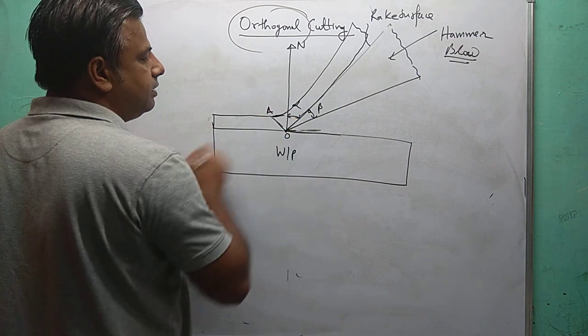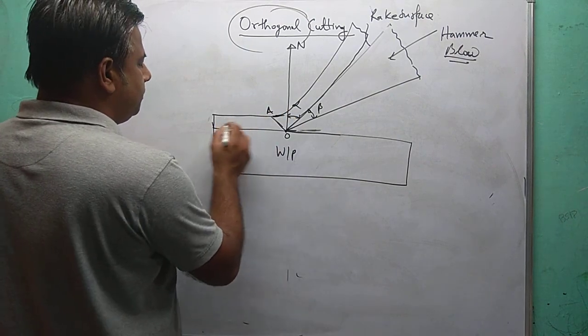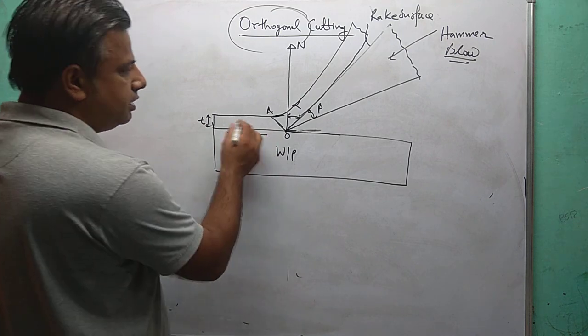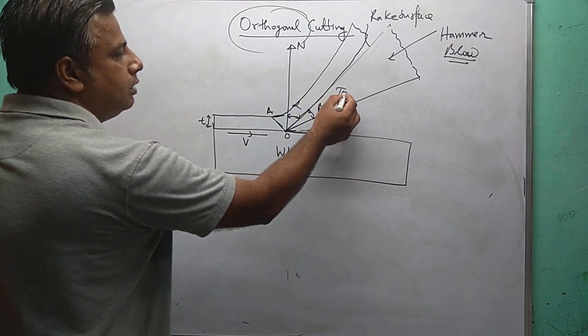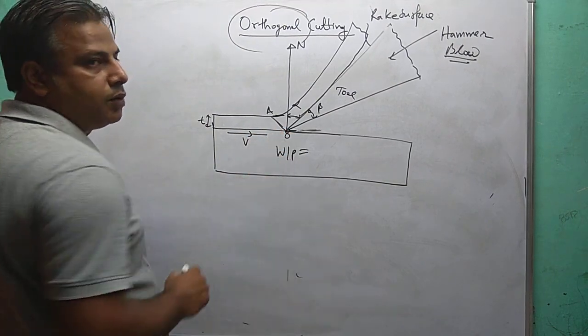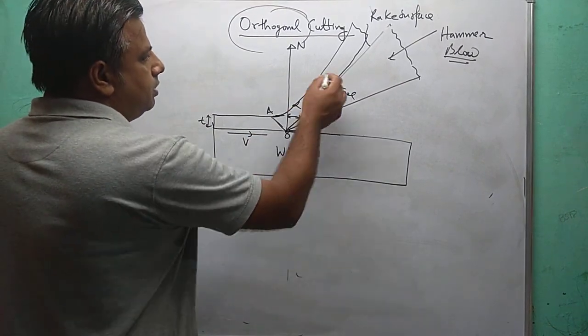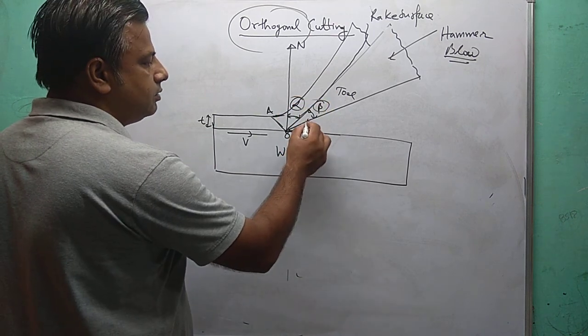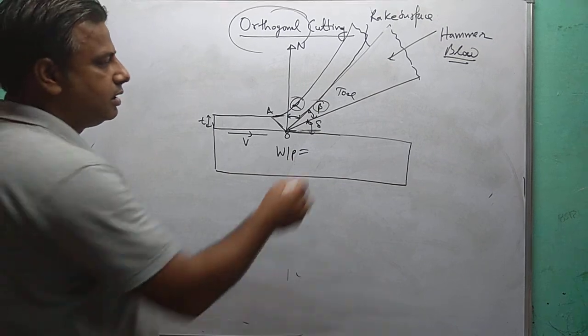OA is my shear plane. This is the uncut chip thickness in 2D representation. This is my cutting velocity, the relative velocity between the tool and the workpiece, at the tip of the tool. This is my rake angle alpha, this is my wedge angle beta, and delta is the clearance angle.